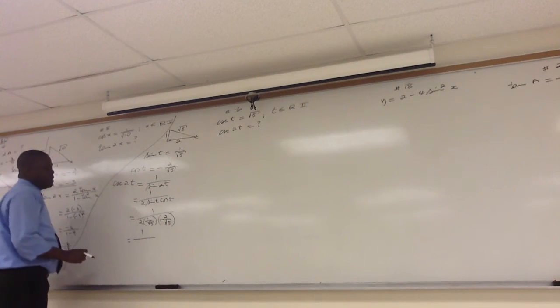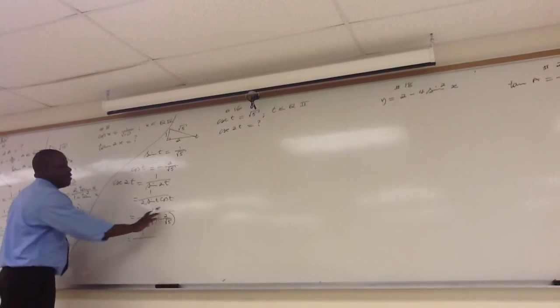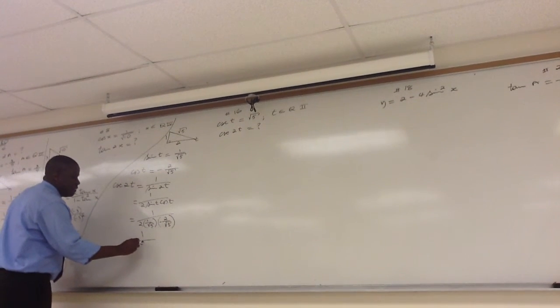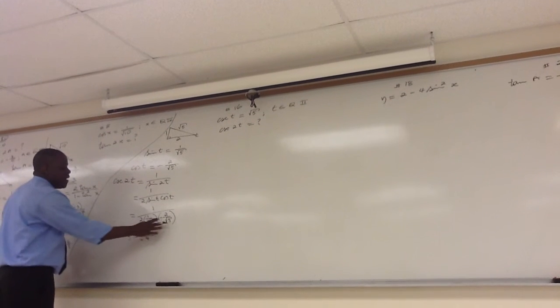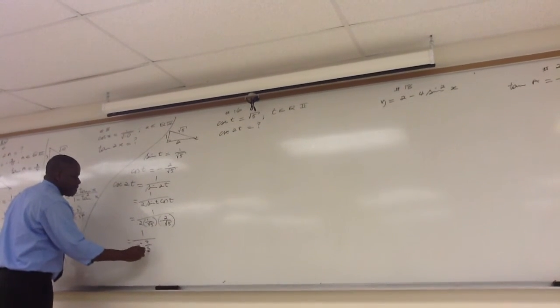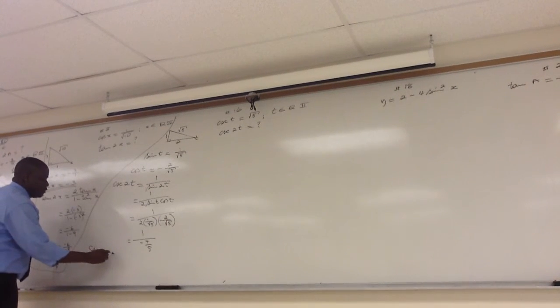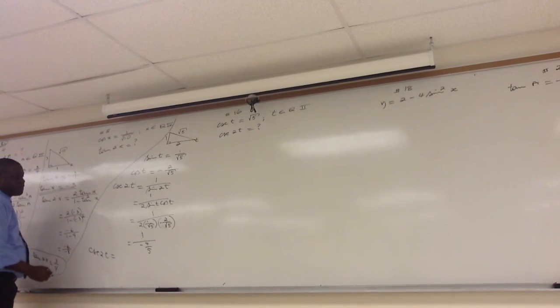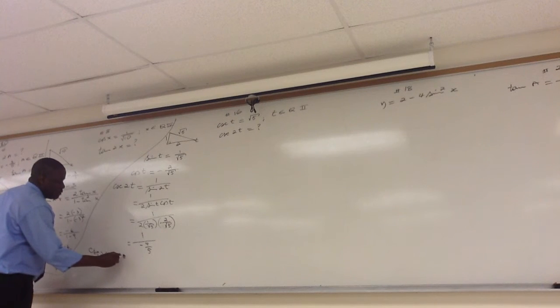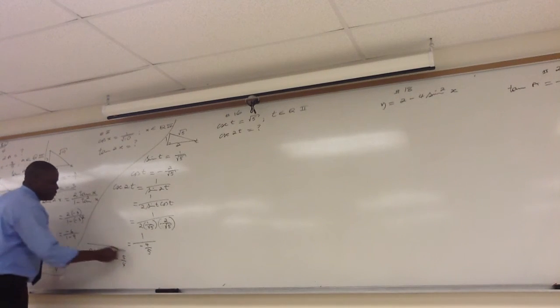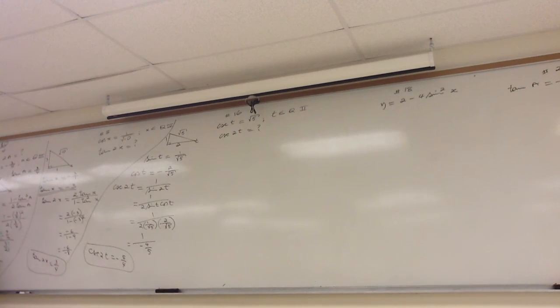So from there we have 1, and then the 2 that is outside is multiplied by the tops, so it's -4. Square root of 5 times square root of 5 is 5. So from there we can conclude that the cosecant of 2t is -5/4. And that's your answer for number 16.